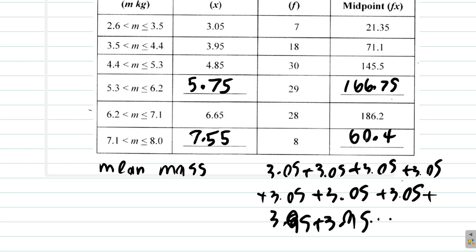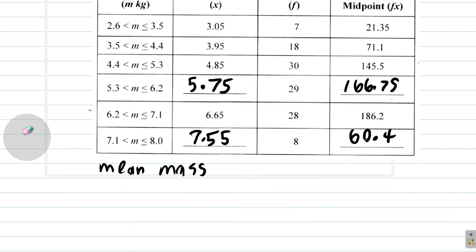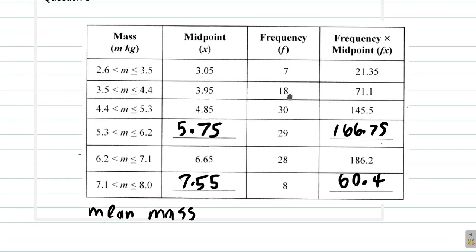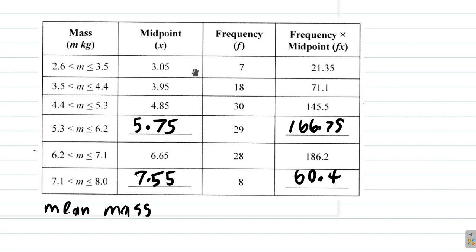But instead of having 120 of them lined out like that, they have it neatly put in a table. So when you say 3.05 added seven times, it is the same thing as saying 3.05 multiplied by 7, and you get the 21.35.